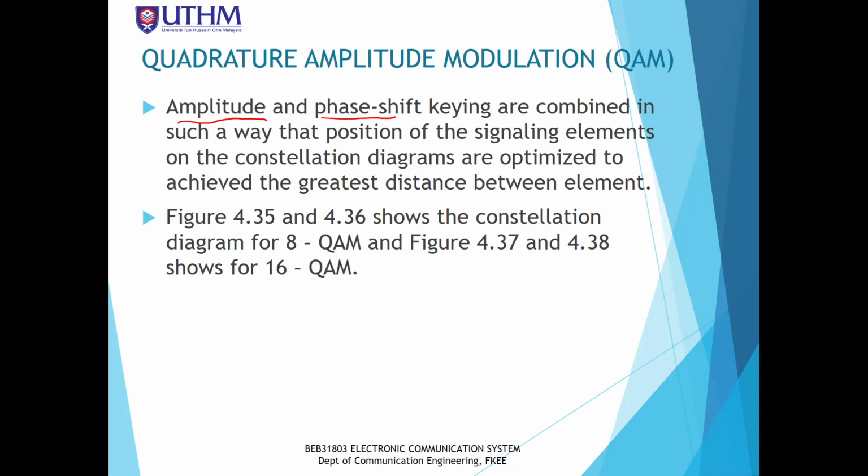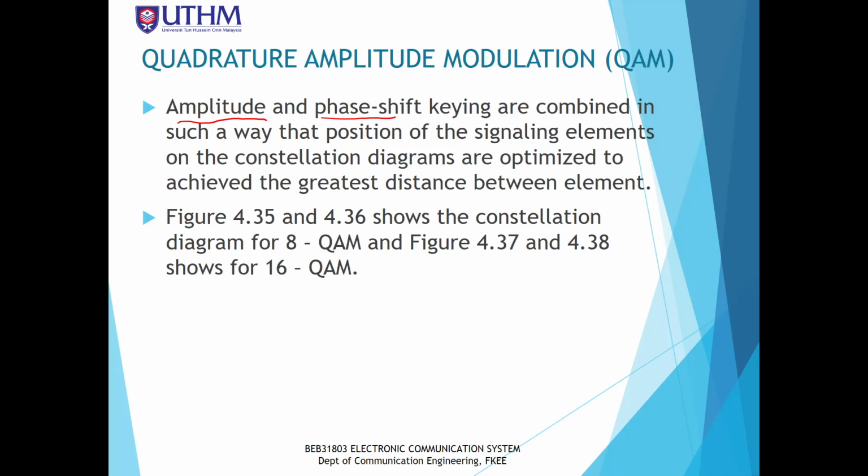So these modulation techniques will change the amplitude and the phase of the carrier in accordance with the digital input variation. This is one of the high-level modulation techniques which is widely used in the current system.